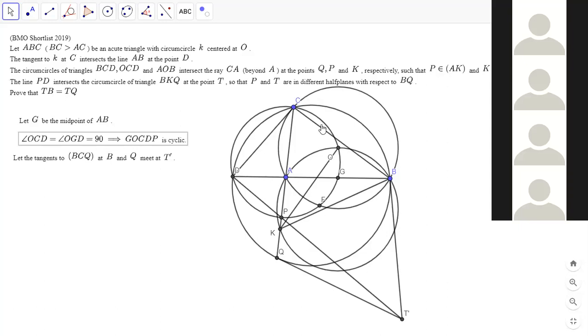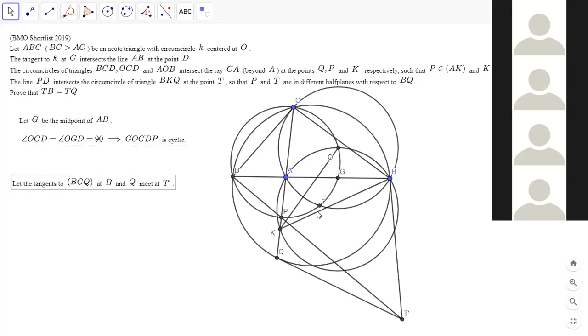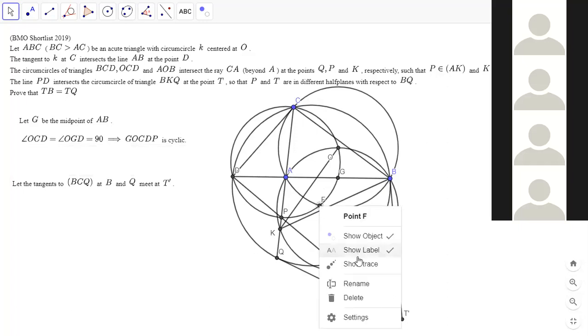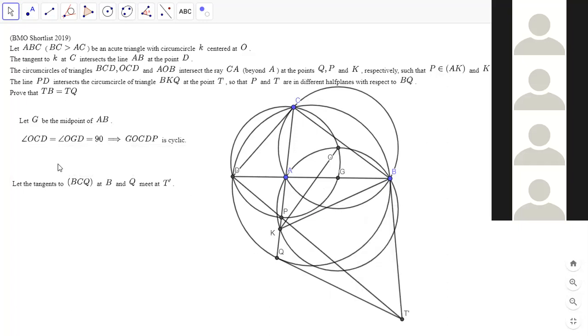Yeah, so that's 90 because it's tangent. Okay, so once we know that, we use power of a point a couple of times. You asked, do we ever use F? I don't think so. So I'm going to delete it just for now, or hide it.